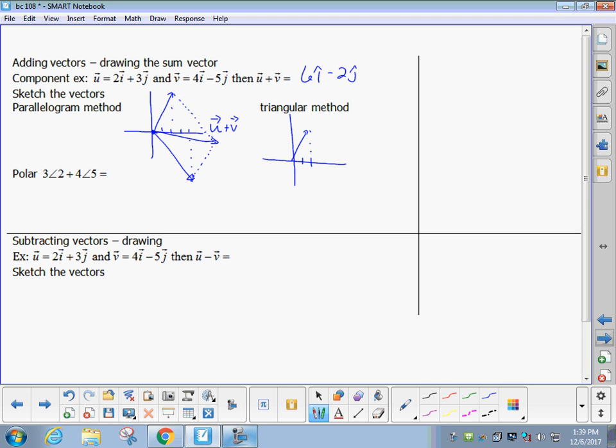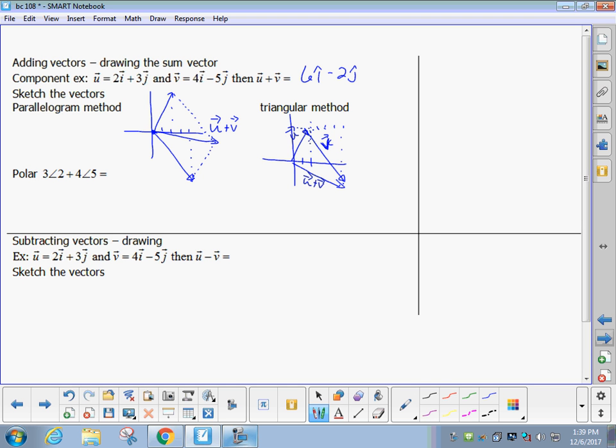Now you're imagining a new origin at the head of that, and now I'm going to do v. From there, I'm going to go right 4 and down 5. That's v. And then the combination of those two, where you end up, is the sum u plus v. You can see it also is right 6 down 2.